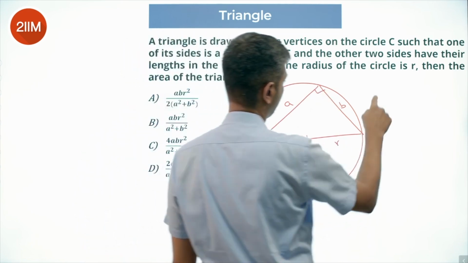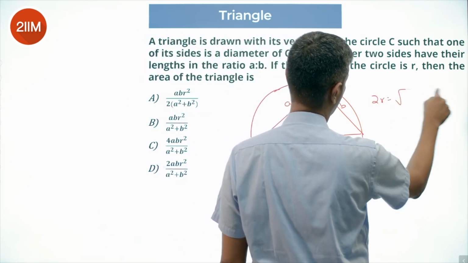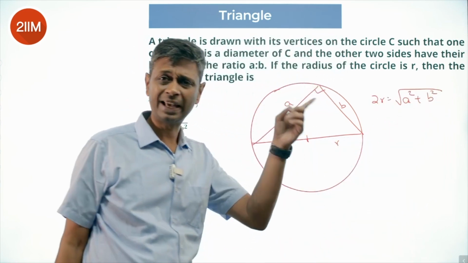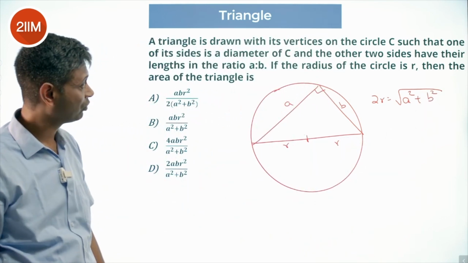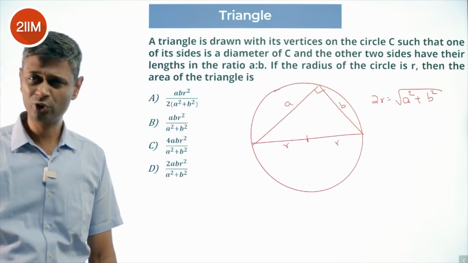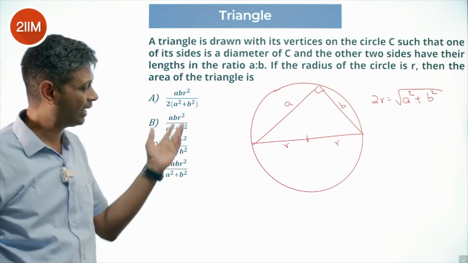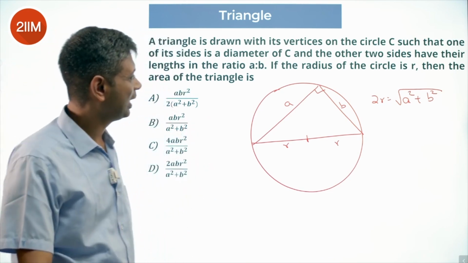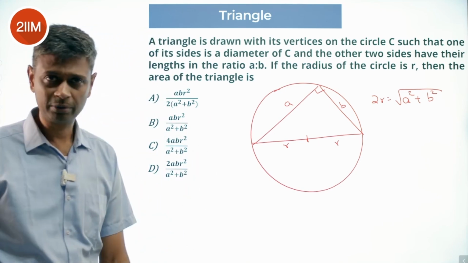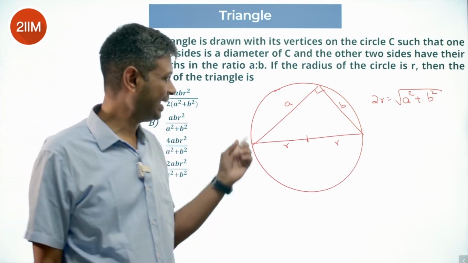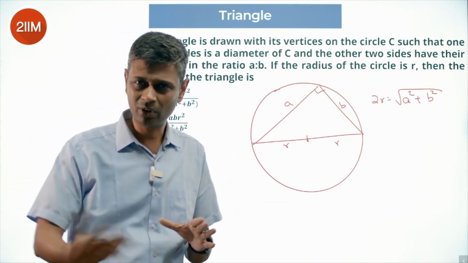We know straight away that 2r is equal to the square root of a square plus b square, because this is a semicircle, that angle is 90 degrees, and Pythagoras kicks in. I'm assuming the lengths to be a and b. Otherwise, 2r is equal to k times the square root of a square plus b square, with ak and bk. We'll introduce another variable called k.